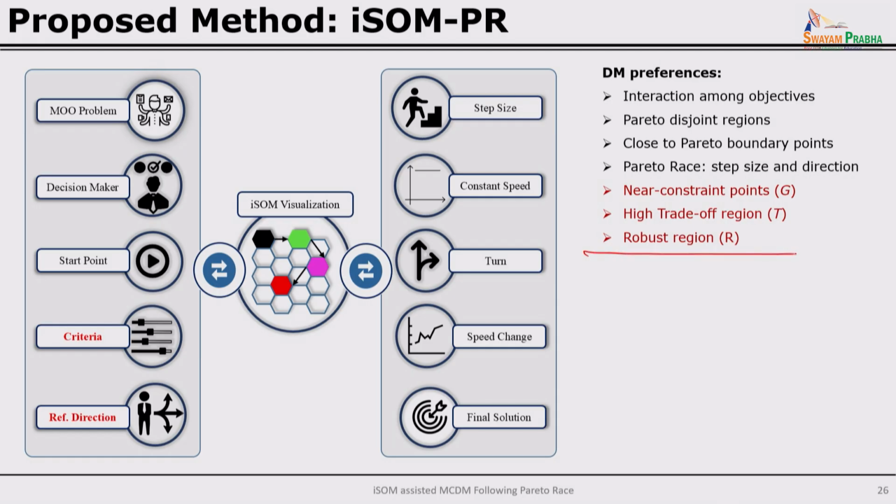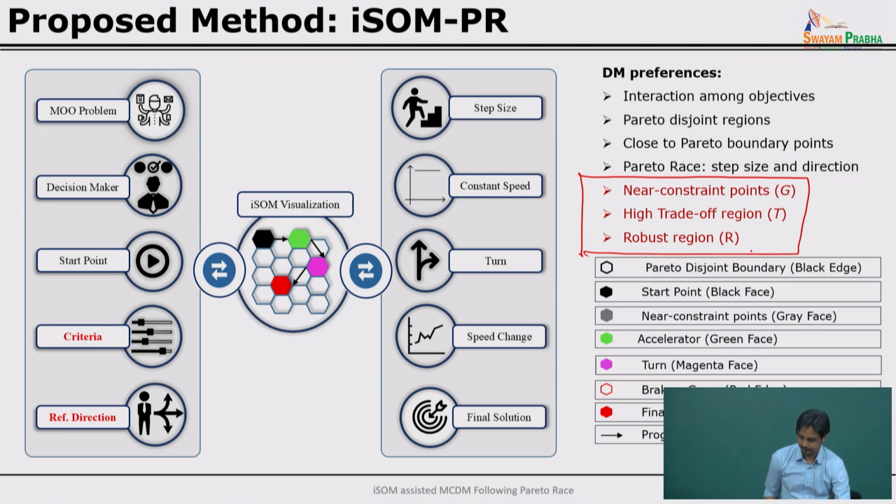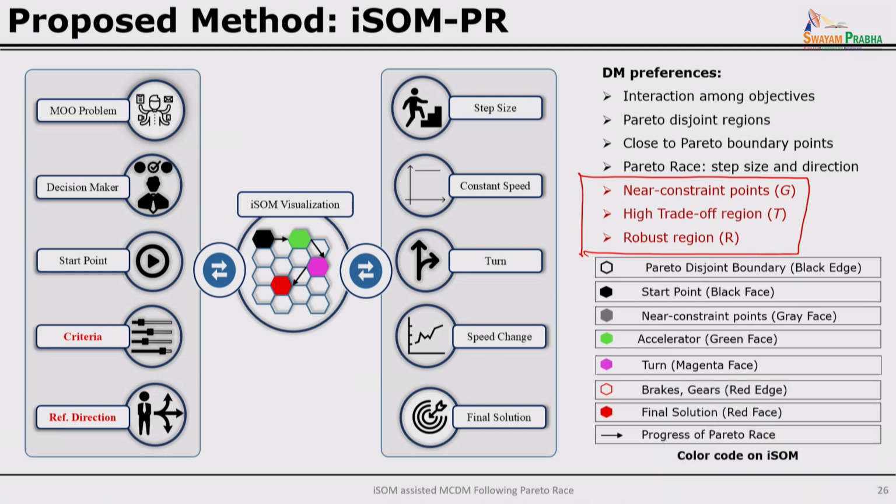On top of that, we are also interested in knowing how good the solutions are in a qualitative sense, for example closeness to constraint, trade-off values, and robustness. Each of the steps of the Pareto race, we will demonstrate using a color scheme. For example, if any hexagon is coming in this black color boundary, it will show that there is a disjoint, the boundary of the Pareto front is disjoint. All the start points we will show in black.